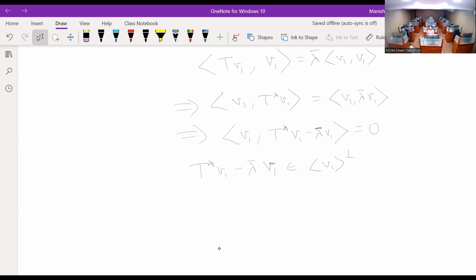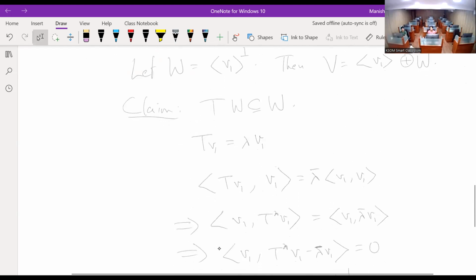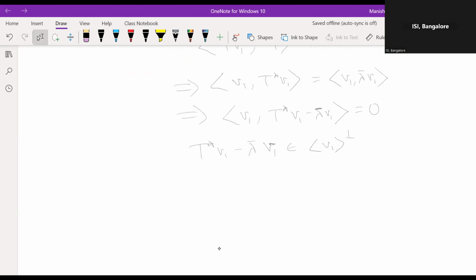But as said earlier, we can say that T star V1 is lambda V1.